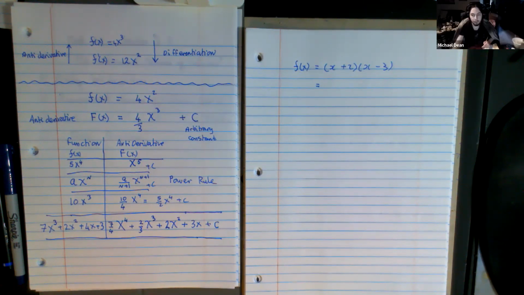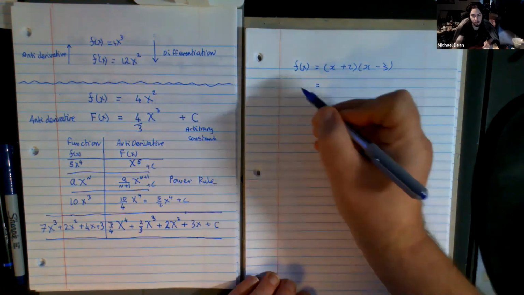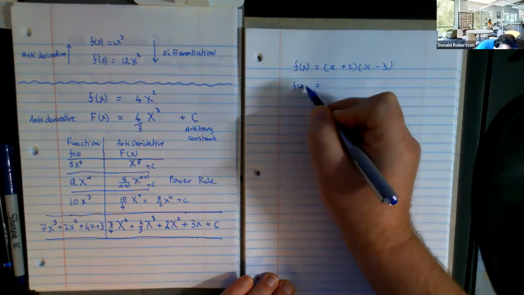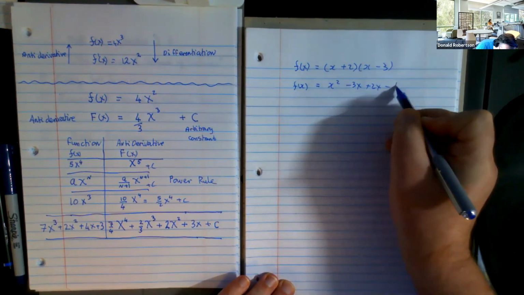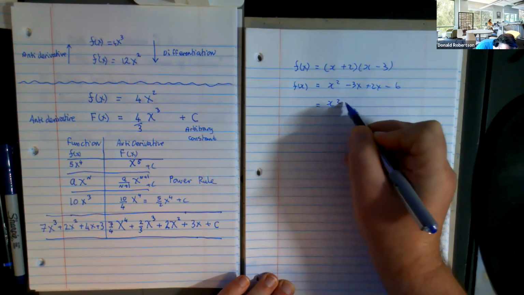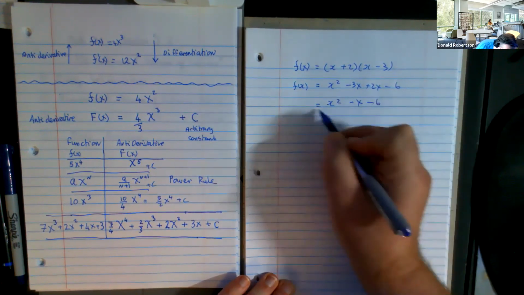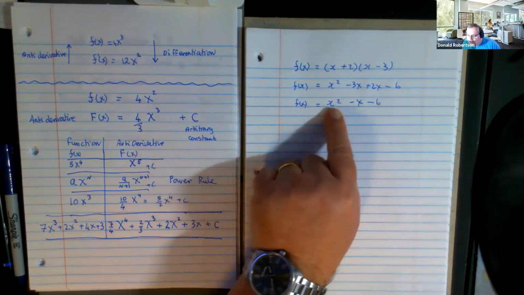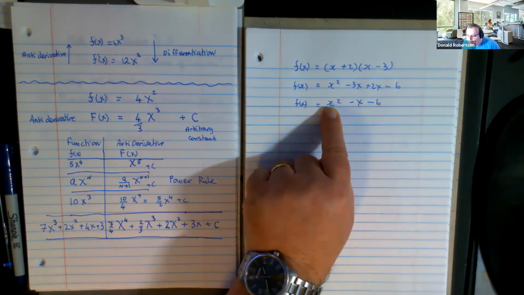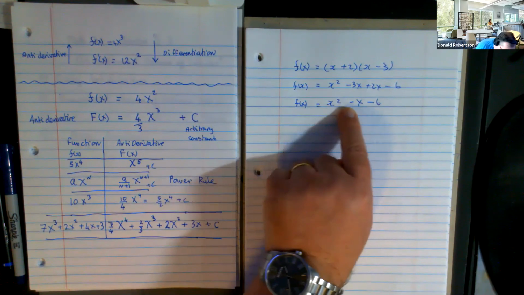Foil it all out. That would be what I would suggest. Now that I've done that, would you agree that this is a pretty standard antiderivative question involving polynomials?